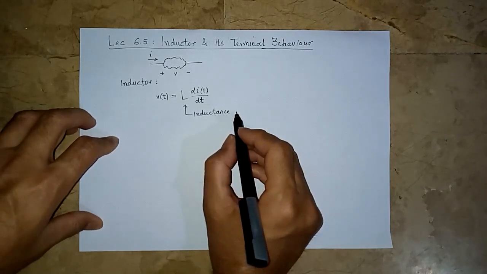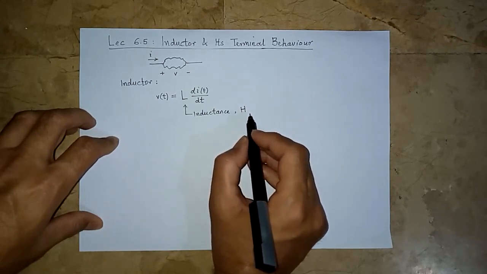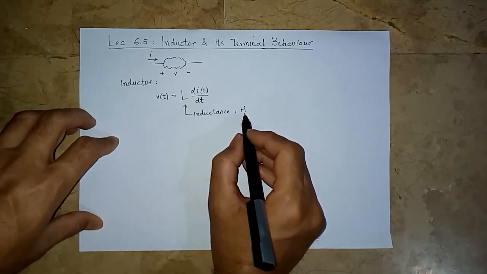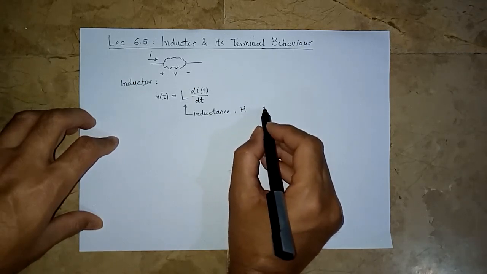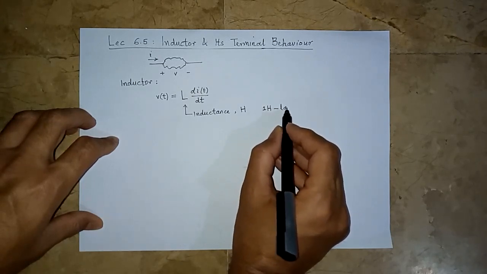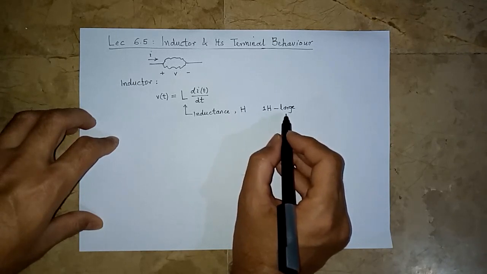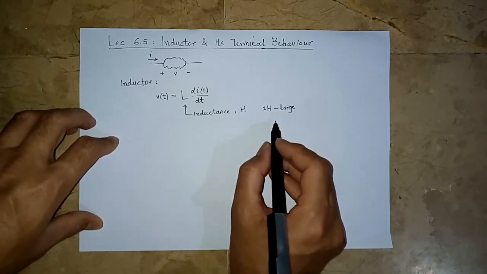The unit for inductance is named after the scientist Henry, denoted by capital H, and 1 Henry is a large inductance, but not very large. Like 1 farad was a humongous capacitance, but 1 Henry is large, but not as large as 1 farad.